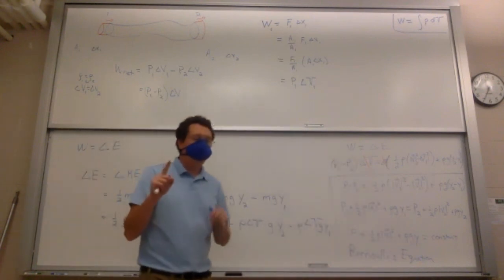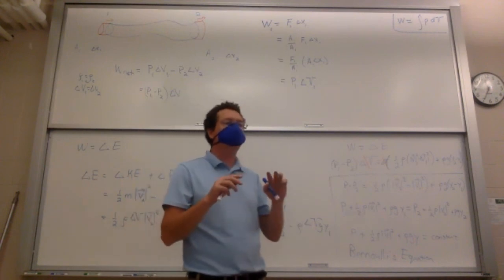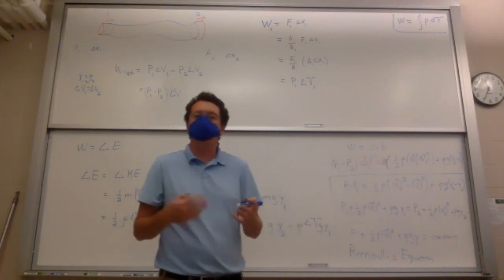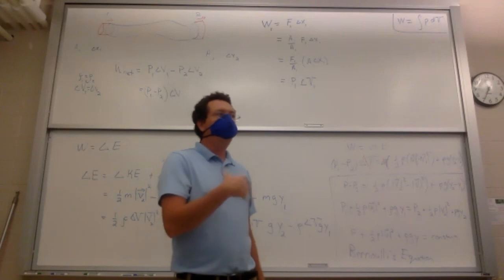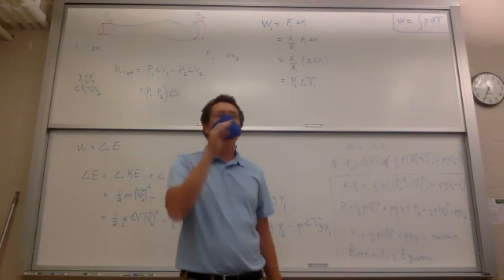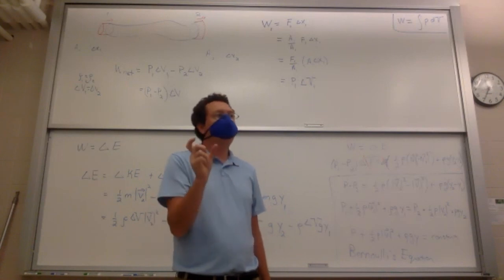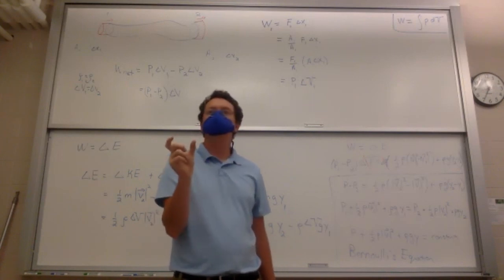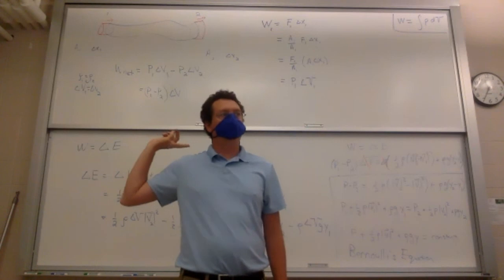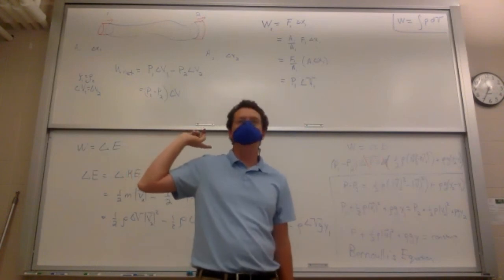Now, that being said, in some of the problems, and sometimes when you're trying to get rough numbers, people will use this for air or steam. Now, that's not incompressible, so it doesn't, strictly speaking, hold.